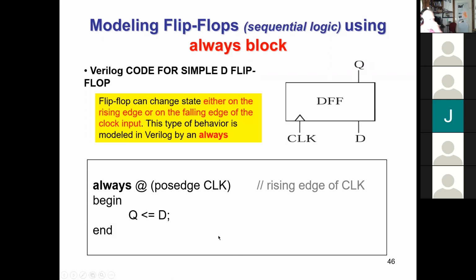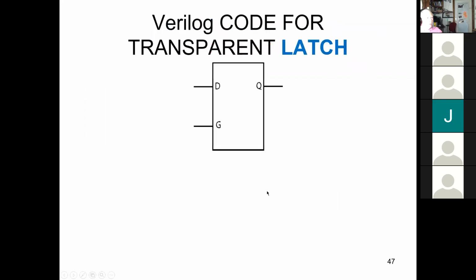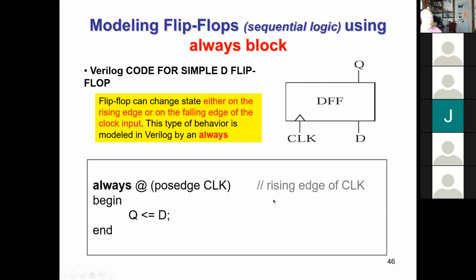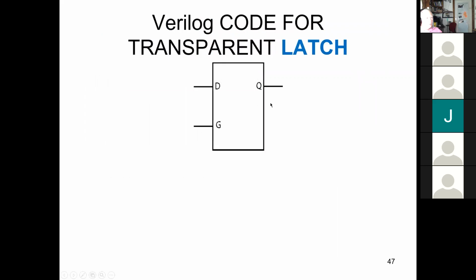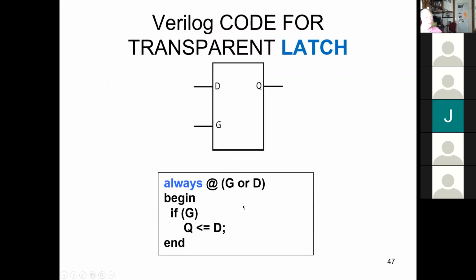All right. Now, of course, this flip-flop has no set or clear. Let's see. I think I'll stop there. Well, maybe I'll mention this briefly, this transparent latch. So here we have a level situation where we have a latch. So these are not edge signals. And again, remember the or, just totally fine to put a comma there instead. G, comma, D. Either one of those changes, it's going to execute.